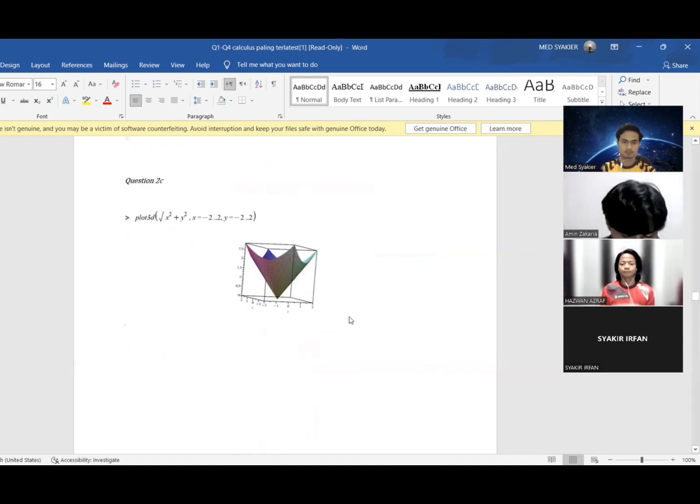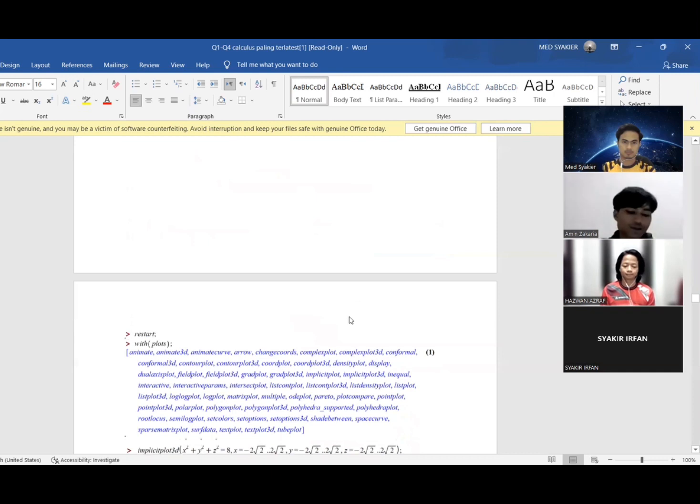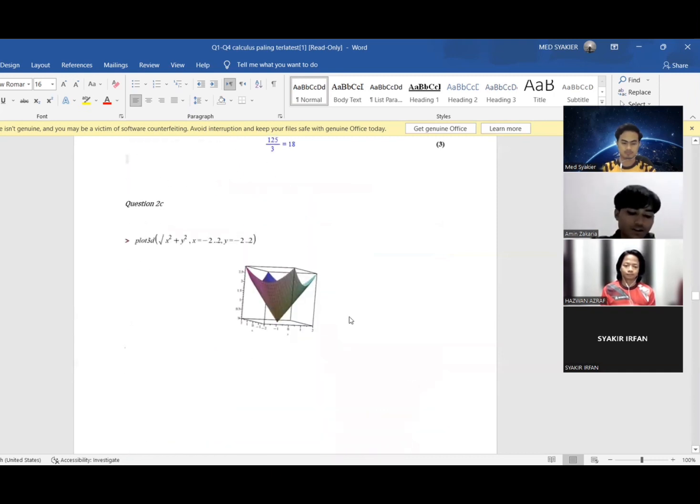Okay, for this question, it needs us to use a spherical coordinate to evaluate the mass of the solid given by the integral below. So for this question, we need to find a plot 3D. We just write it like I show on the screen, plot3d in brackets x squared plus y squared, and that's the limit of x.